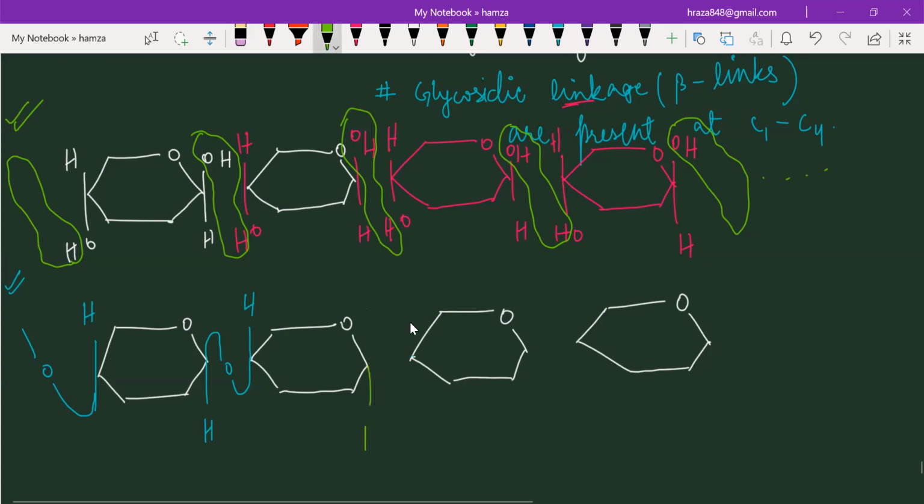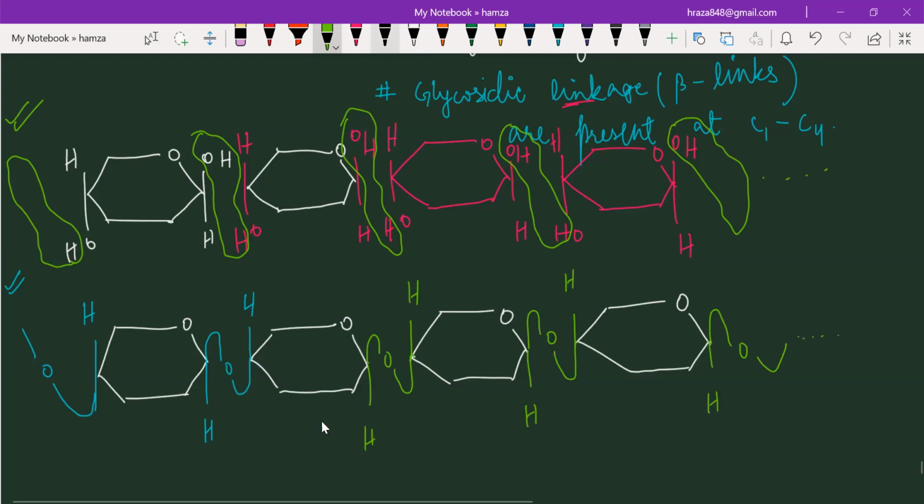Again, this is hydrogen, this is hydrogen, and it will be like this.